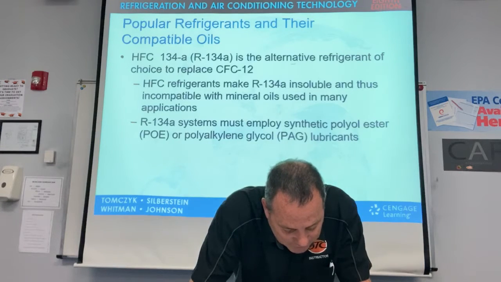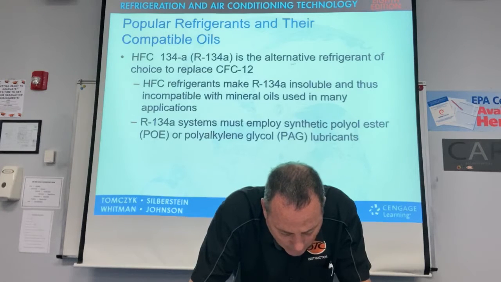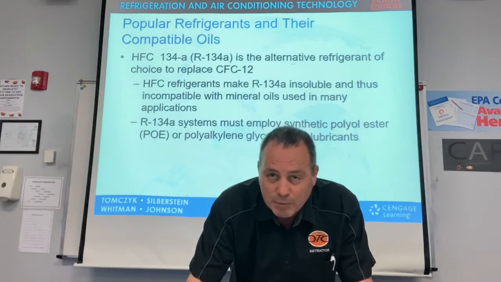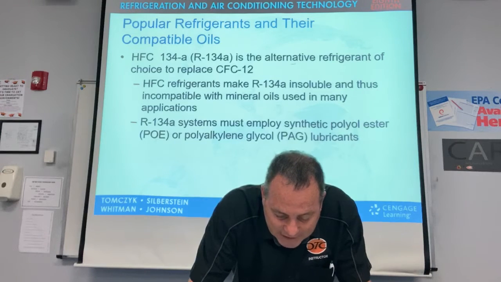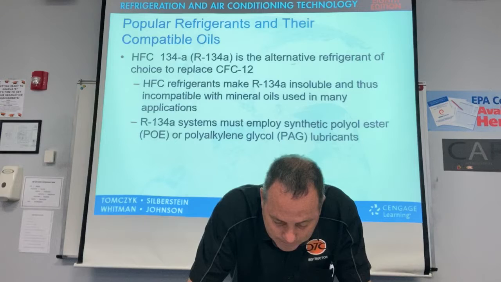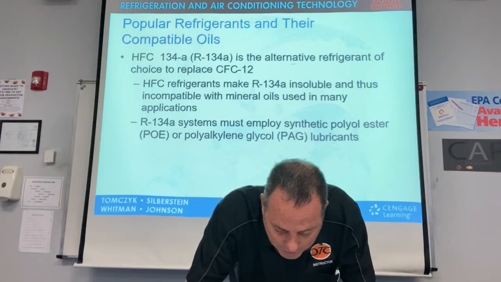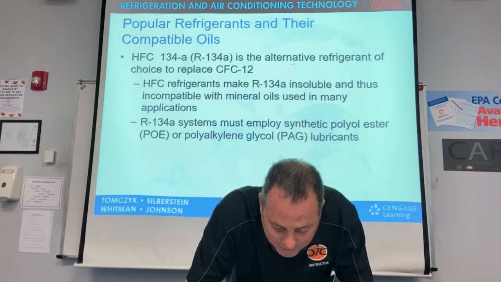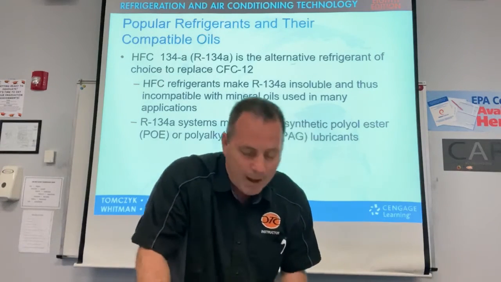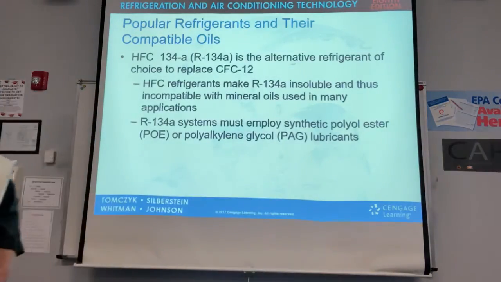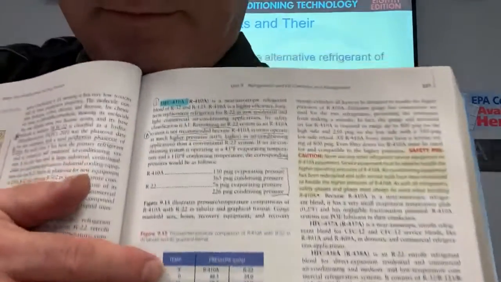The next one is 407C, near azeotropic long-term replacement for R22 that people use in systems now. Page 237 tells you about 410A. Now this is a neazeotropic refrigerant blend for R22. 410A has a higher efficiency and it is a long-term replacement. The problem with it is the pressures of the system.